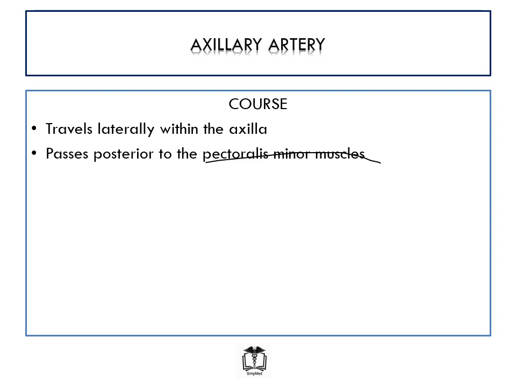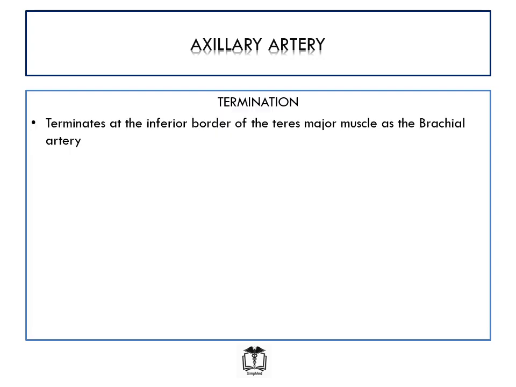This is a very key point to remember, especially when we start talking about the branches of the axillary artery. The axillary artery would descend towards the teres major, and at the inferior border of the teres major, it enters into the arm. So beyond the inferior border of the teres major, we stop calling the artery the axillary artery and start to call this same artery the brachial artery.